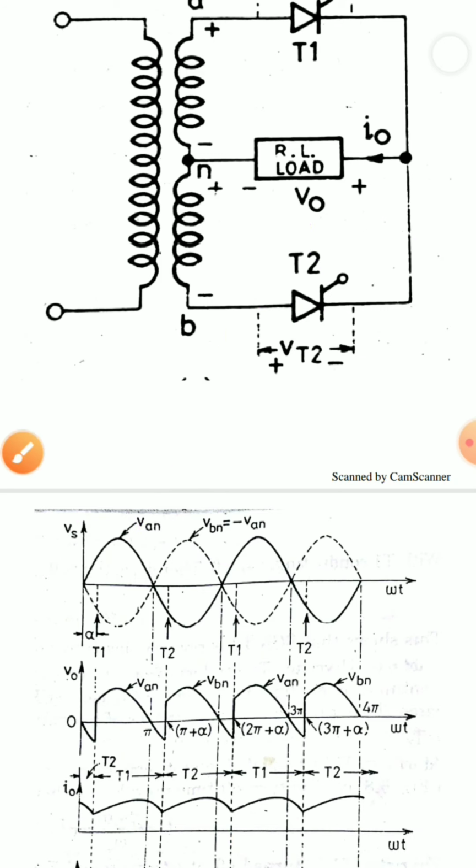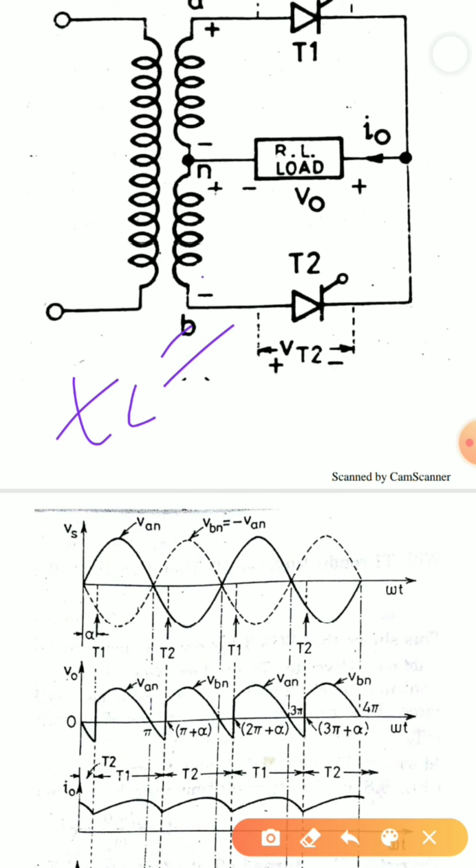The circuit turn off time: I can clearly make out that my SCR is reverse biased from here.